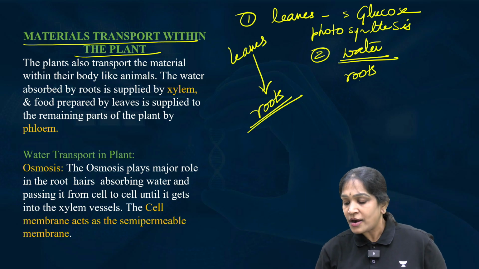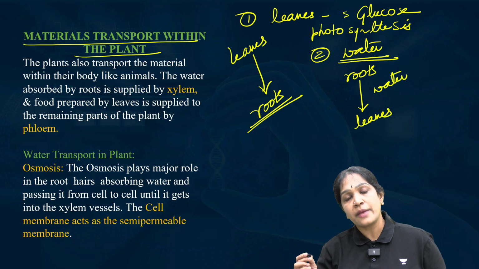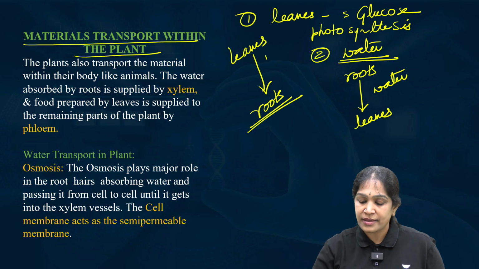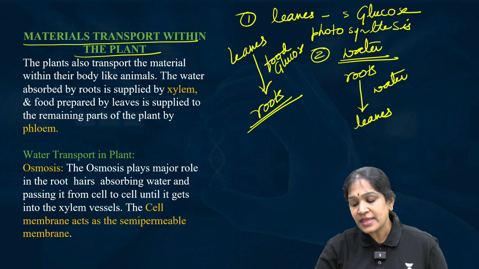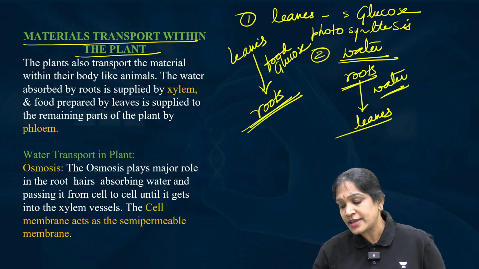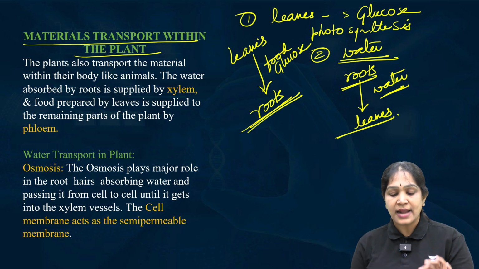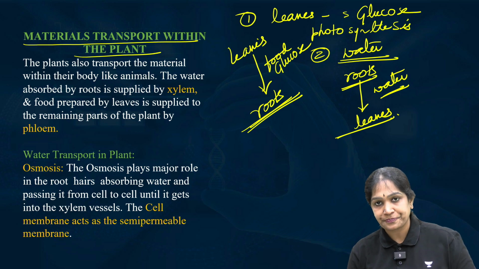So, when the water goes from the roots to the leaves, these are the two types of transport we require. Food material, that means glucose, from the leaves to the roots, and water from the roots to the leaves. So this is the material transport within the plant.